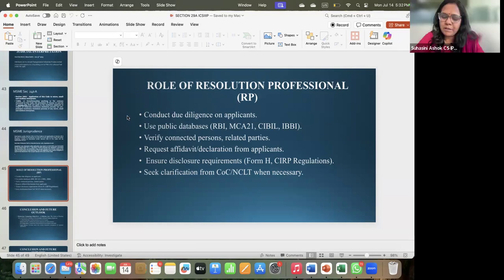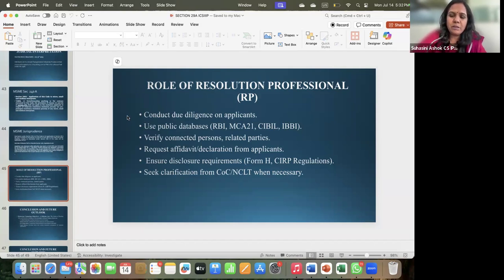So that is important. We don't have proper, accurate filters to bring out bad, fraudulent, willful defaulters or related parties. So what we can do is continuous refinement; long-term effective tools have to be devised, and the declarations from the prospective resolution applicants have to be stringently taken.